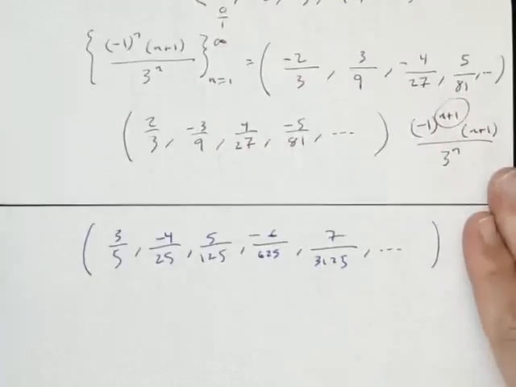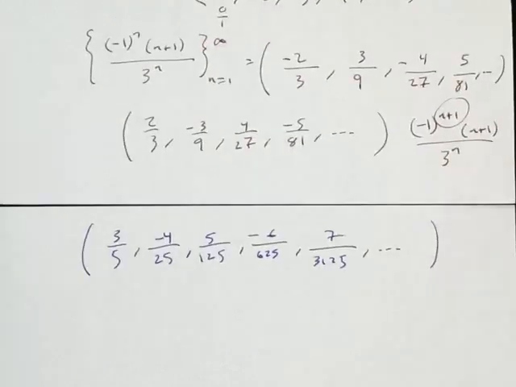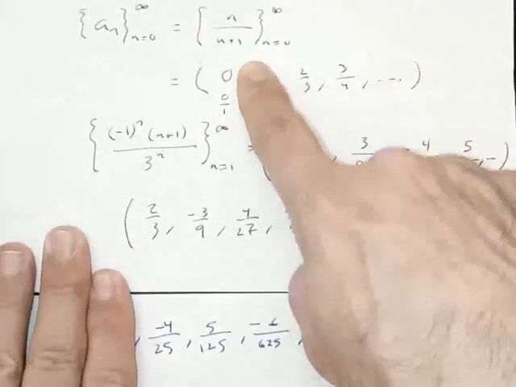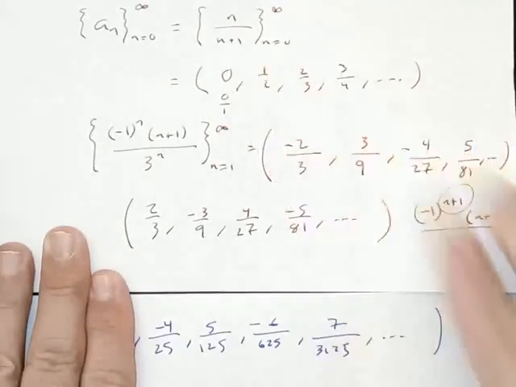Can I find an expression for the nth term in terms of n? Such an expression is called a closed form for our sequence. So that's what this expression is, and this expression, and this expression. Those are closed forms.